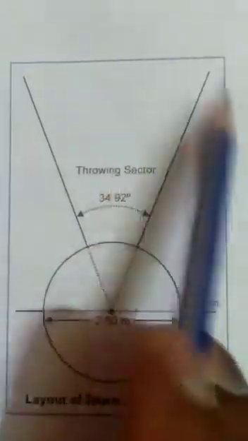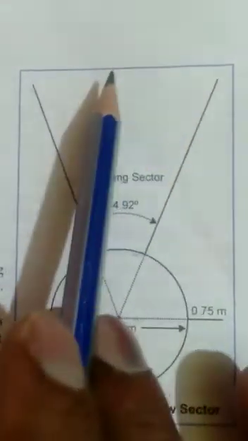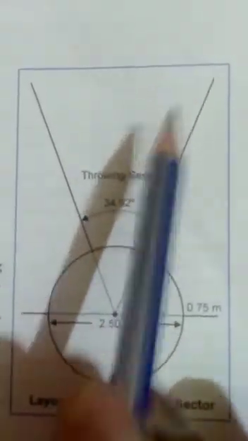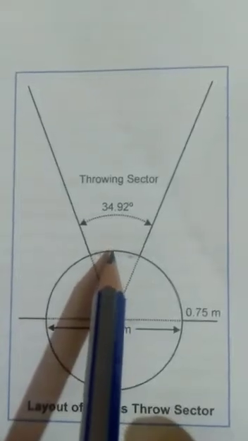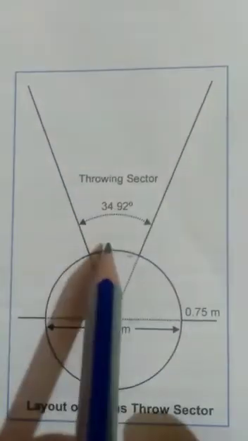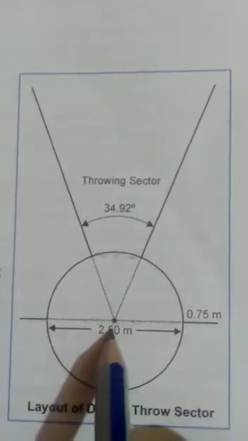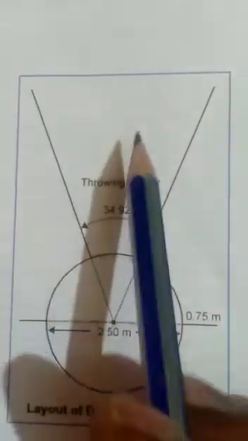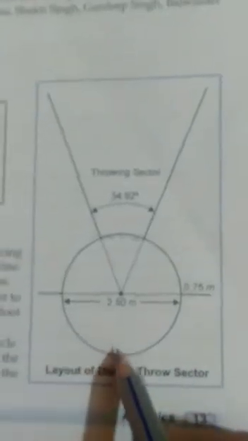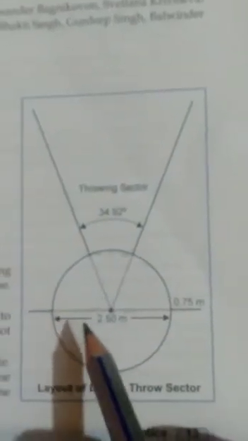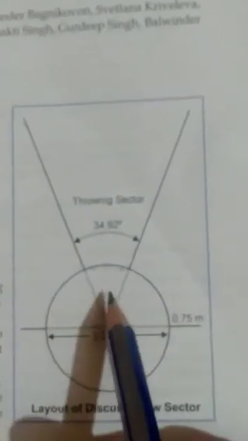If the discus goes outside this sector or these lines, it will be a foul. It means the discus should be thrown in between the angle, that is 34.92 degrees from the center, and the athlete will come back from this side. Otherwise the foul will be counted.